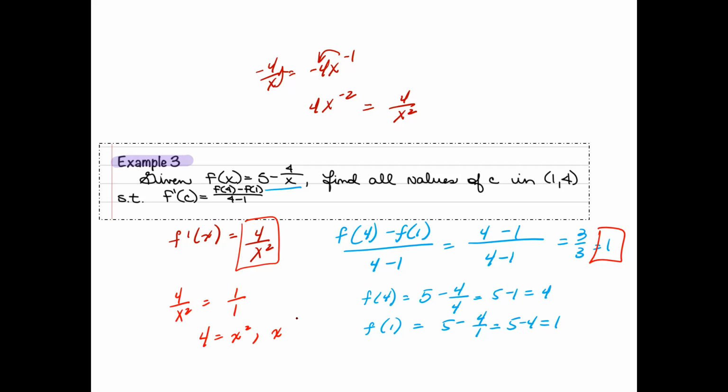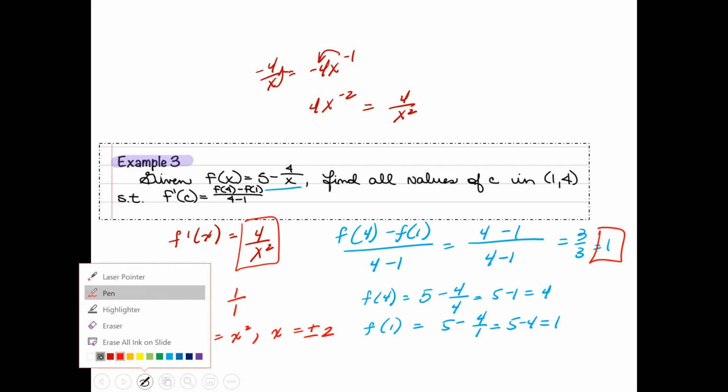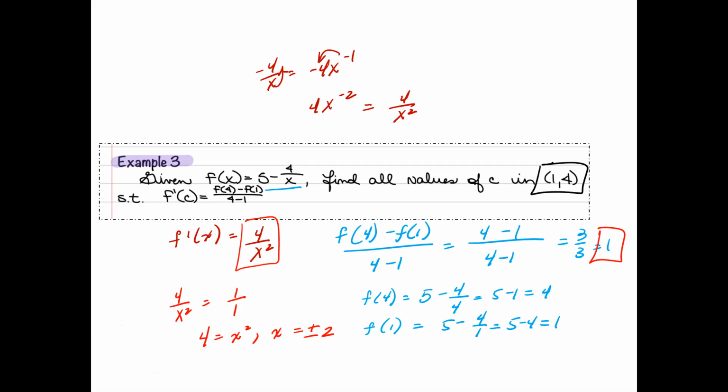If I square root both sides, x equals positive and negative 2. Now, you want to be very careful with this because your interval is between 1 and 4, so x can only equal 2, and that is the only value that you have for c in that interval.